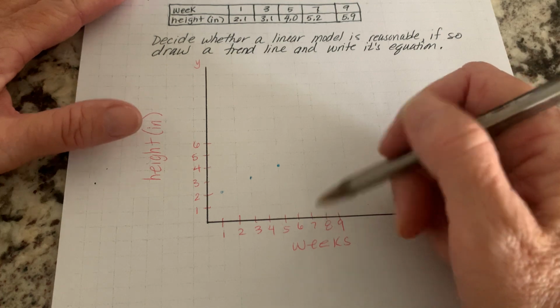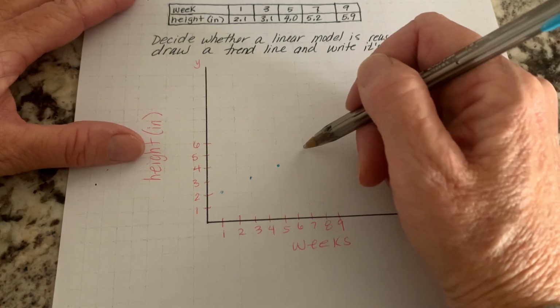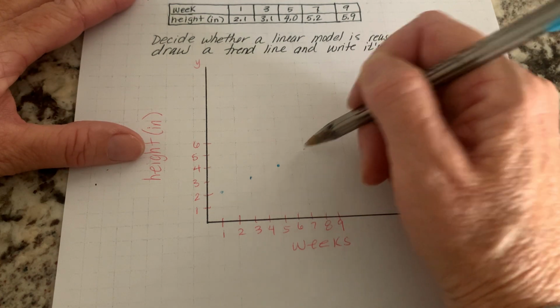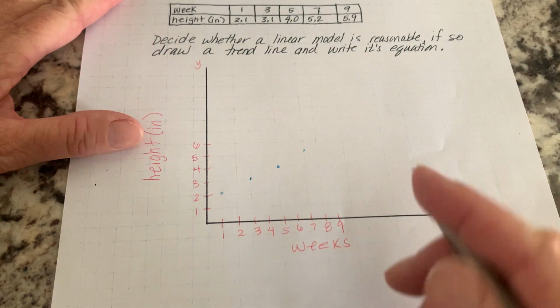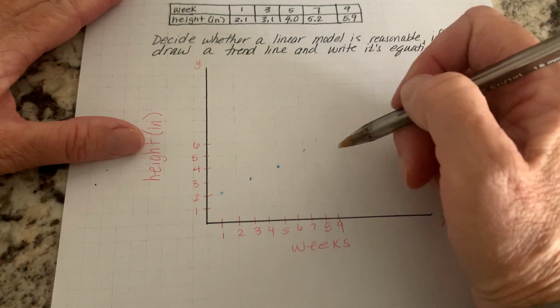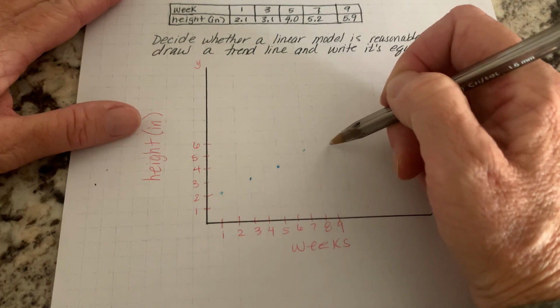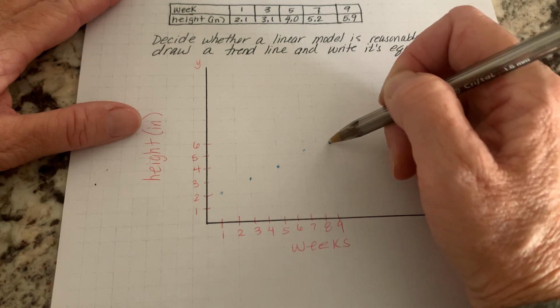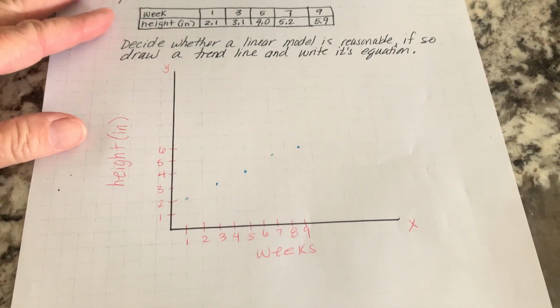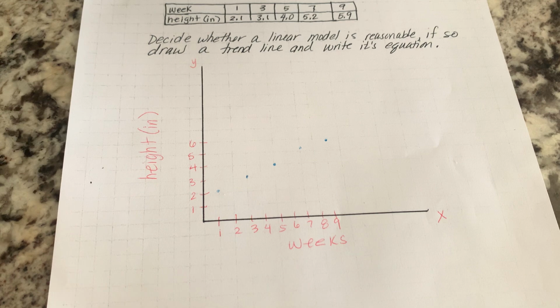At 7, it's 5.2, a little bit higher than the 5. And at 9, it's at 5.9, so just under where it would be a 6. So can you see my dots? You can zoom in if you can't. Make sure you get your dots in a good spot.